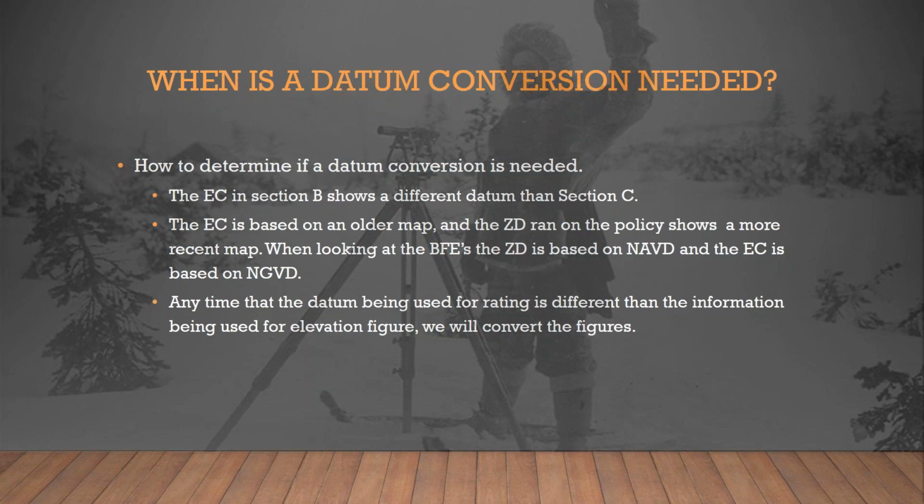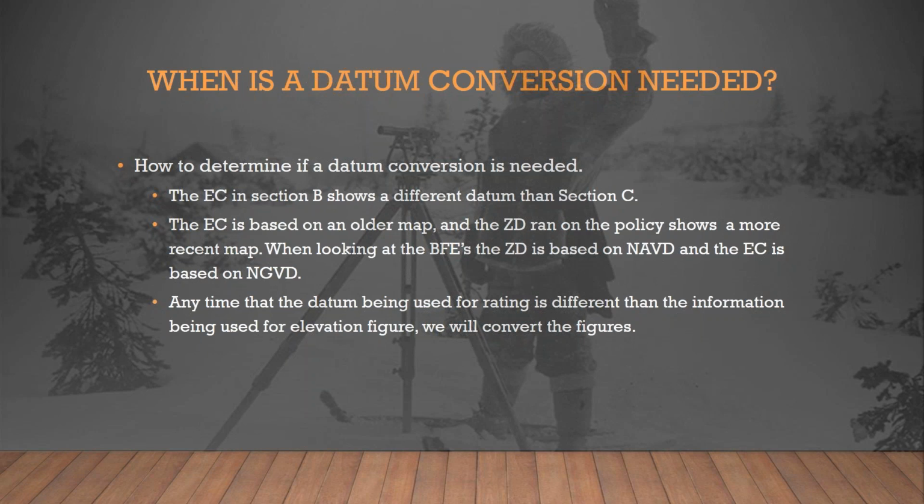Also, we recommend that you run a zone determination on every policy that you do with us. We recommend that you run that zone determination just to confirm that you're rating with the most recent map information and that the map information you have is accurate. So if you run a zone determination and it comes back NAVD, and you have an elevation certificate, let's say completed by a surveyor in 2004, however, we want to use that elevation certificate for rating because it's more beneficial, we would have to look at the datum on that.